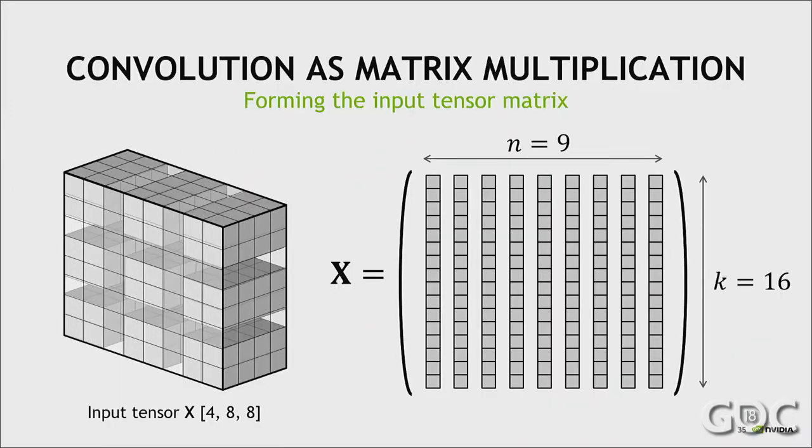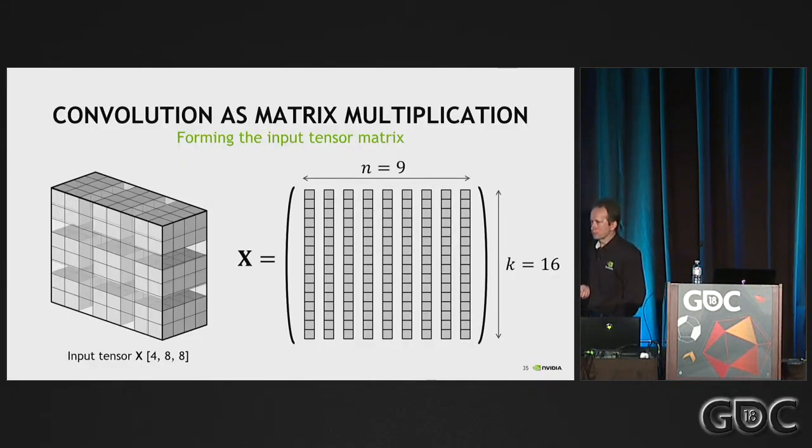You may think that this is a very inefficient way to represent tensor data, because if filter kernels were to overlap, then we'd be redundantly storing the same input tensor elements multiple times in this matrix. But in reality, in most implementations, this matrix doesn't even get written to memory. It can be materialized on the fly as the matrix multiplication proceeds, in the register file of the processor, right? So it doesn't have to have any memory footprint.